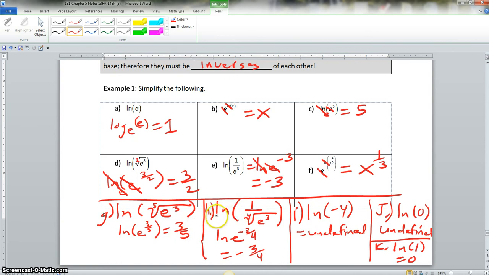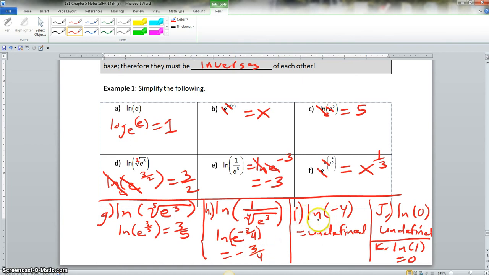The only difference between h, d, and g is that it's 1 over this radical. So we know that our exponent, let me put this in a parenthesis, would actually be negative. It still would be 3/4, but since it's in the denominator, we will make the exponent negative. And they would simplify out the natural log and the e and leave us -3/4.